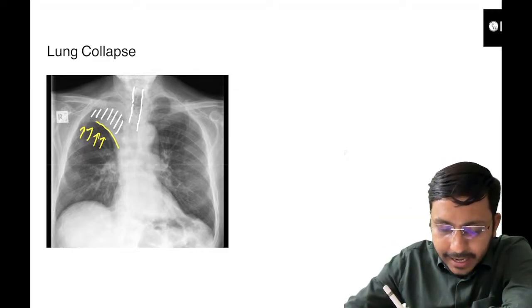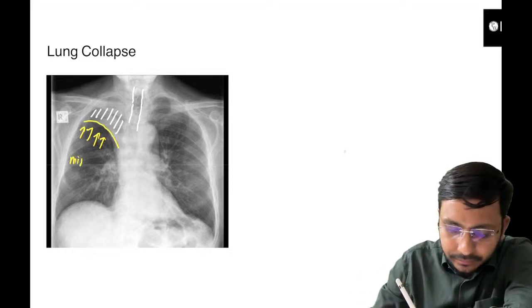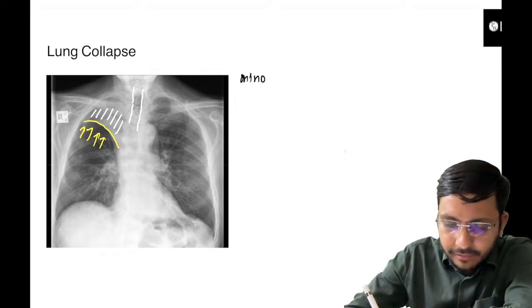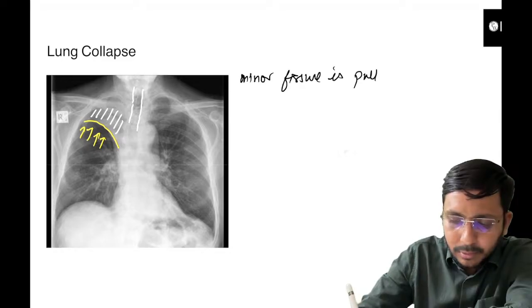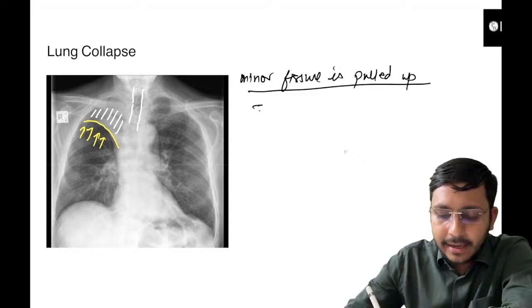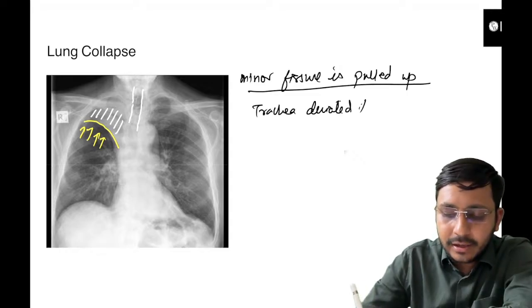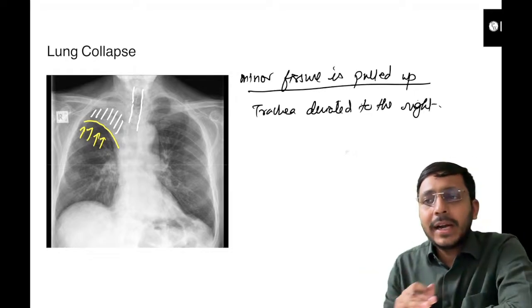This is the minor fissure. Minor fissure is pulled up and trachea deviated to the right.